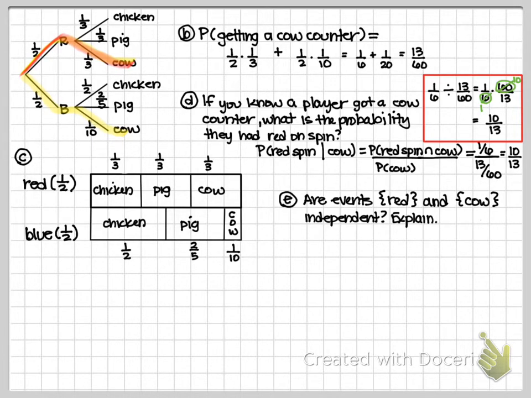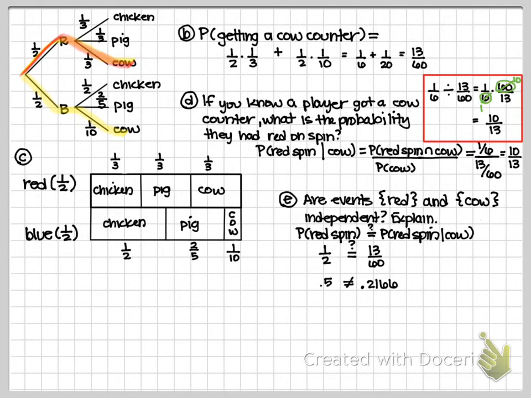Okay, see if we can answer the next question too. So this is independence. Think about what we did last class and what formula you need to use. Okay, so I did probability of red spin and then red spin given cow. You could have reversed that though. So you could have done probability of cow and probability of cow given red spin. Either way, it's not going to work.